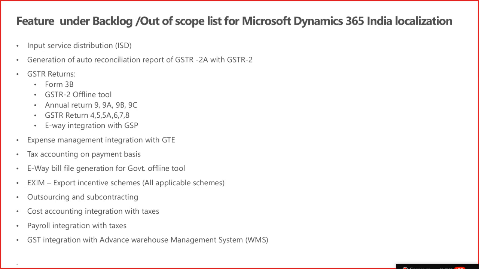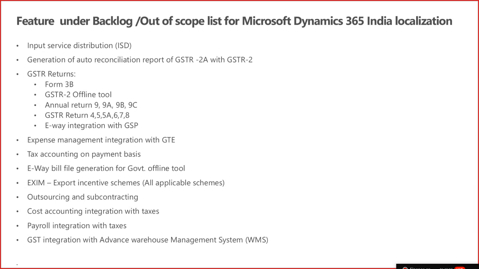Then we have our GST return 3B. 3B return is a temporary return which government is extending every 3 months, and I think this will be extended till September 2019. So Form 3B is not provided. We got many queries on this particular 3B availability, but this will not be delivered because this is a temporary form which can be made redundant by the government at any time.